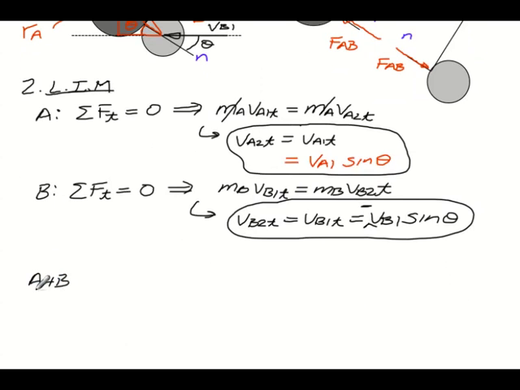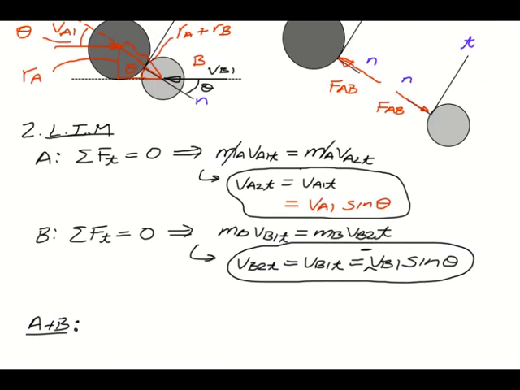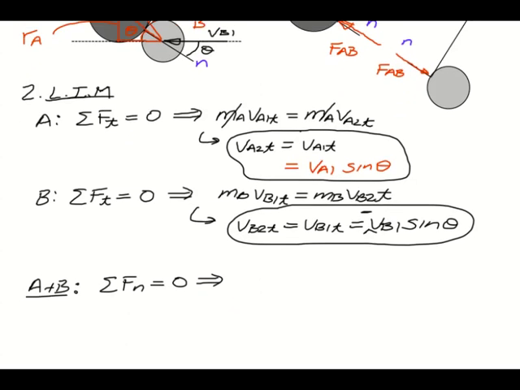When we look at them together, then that normal force, FAB, is an internal force. It didn't appear on free body AB. So we can now say that the summation of forces on A and B together in the n direction is zero.